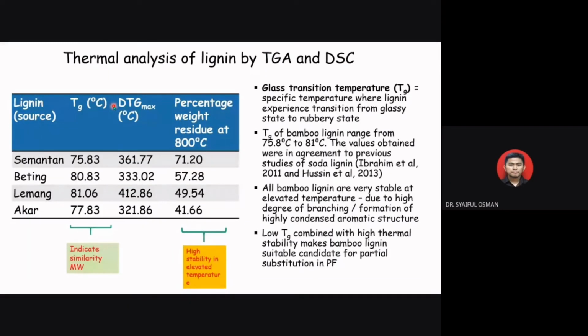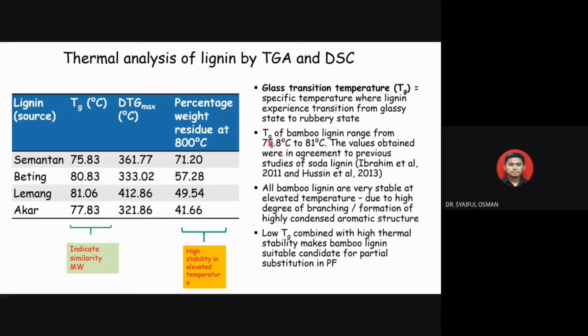And then we have a thermal analysis of lignin carried out using thermogravimetric analysis and differential scanning calorimetry. From here we can conclude that the range of Tg, or glass transition temperature, for all bamboo lignin is quite small, and this is expected since all the bamboo underwent the same treatment method, that is the soda pulping method.